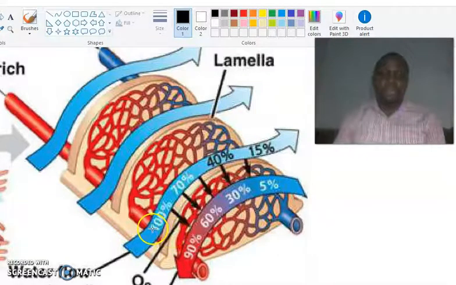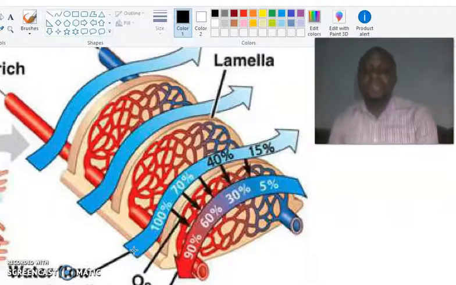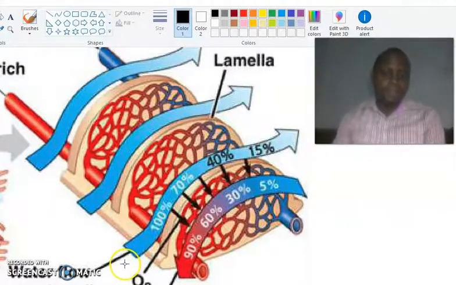We've said counter-current flow refers to the flow where fluids move in opposite directions. For instance here, the water which passes through the gill filaments flows in one direction, while the blood flows in the opposite direction. The reason for this is to maintain a steep concentration gradient, hence facilitating gaseous exchange.